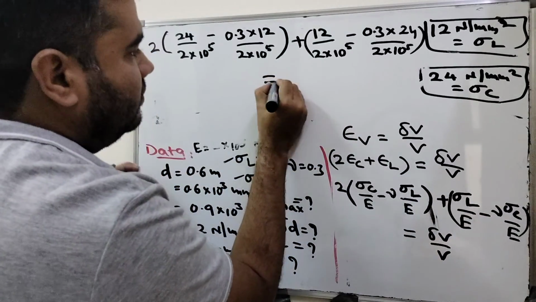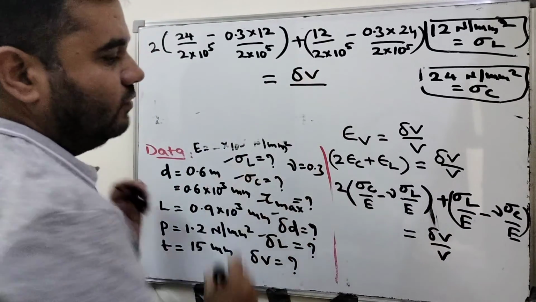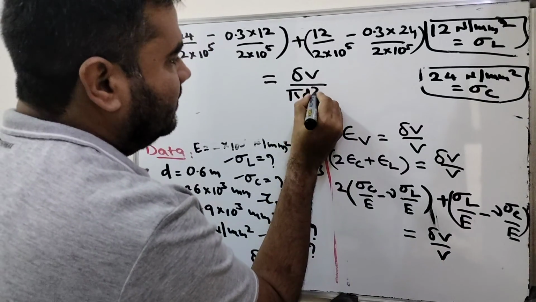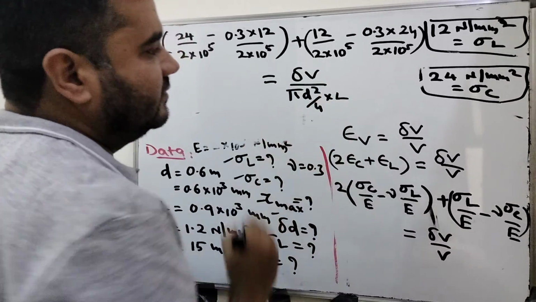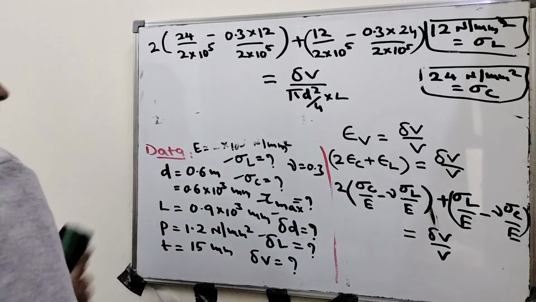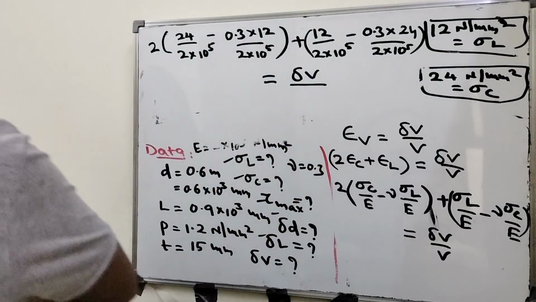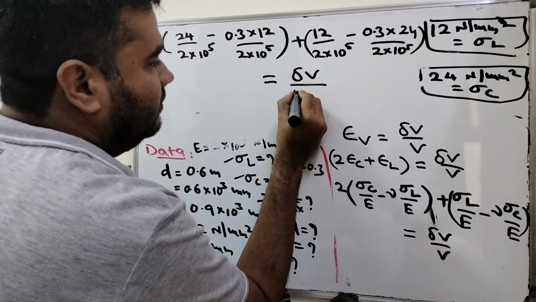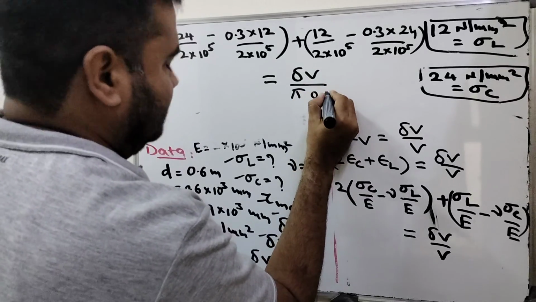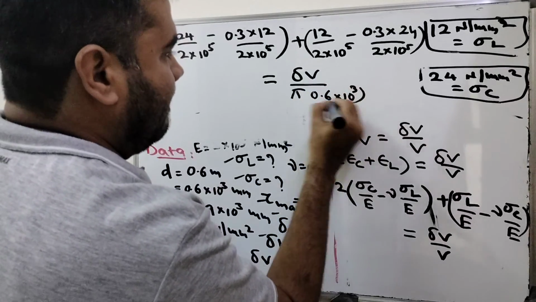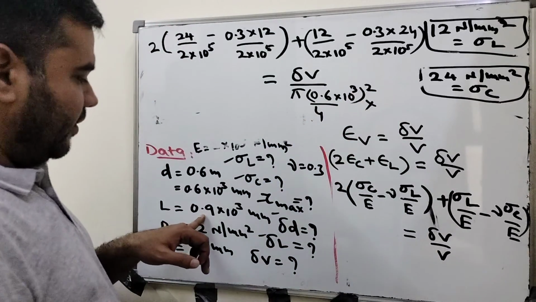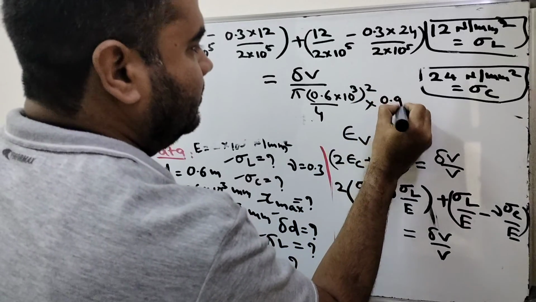Equal to the change in volume divided by original volume, which is area into length, pi d square by 4 into length. I'll substitute the d and l values directly: pi into diameter 0.6 into 10 raised to 3, squared, by 4, into length 0.9 into 10 raised to 3.